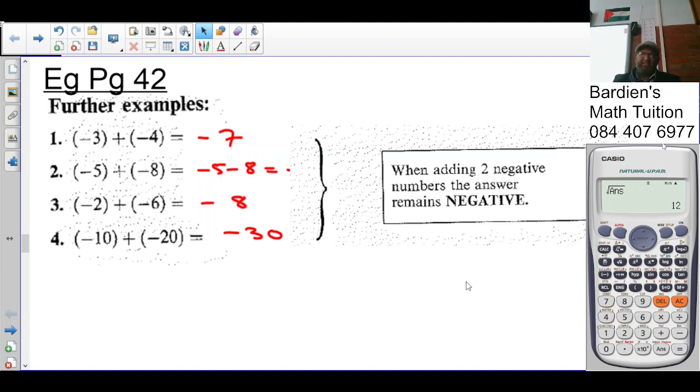If you add 2 negative numbers, the answer remains negative. Make a little bracket there to indicate that's the rule for those 4 sums.